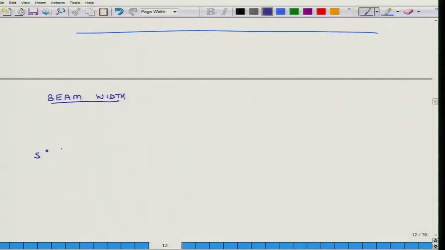Suppose we have a sound source, and let us say this sound source is emitting sound in this direction at maximum possible level. So, this is our reference direction, and this corresponds to the direction of maximum SPL.